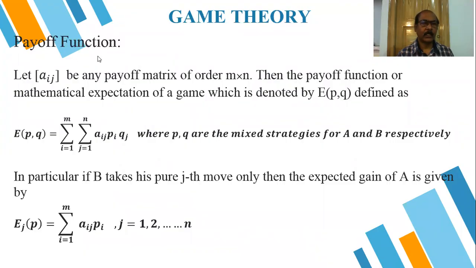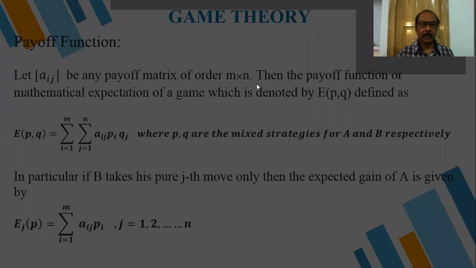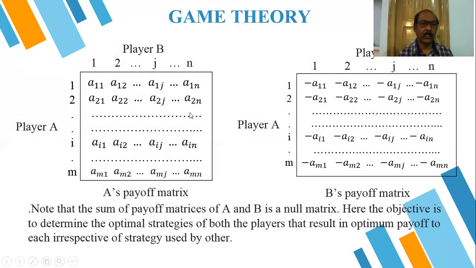What is called the payoff function? Let Aij be any payoff matrix of order m cross n, where Aij is the general element, with i equal to 1 to m and j equal to 1 to n.